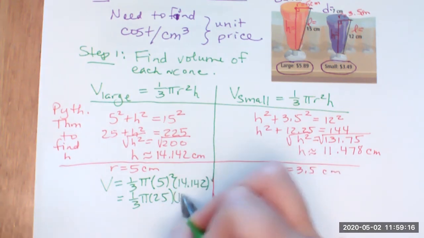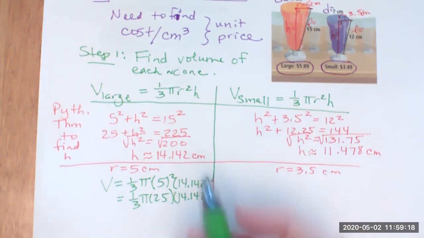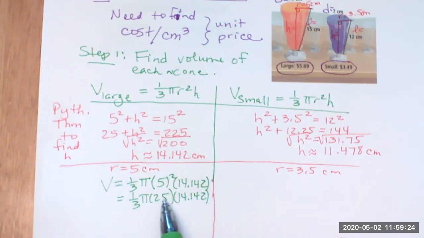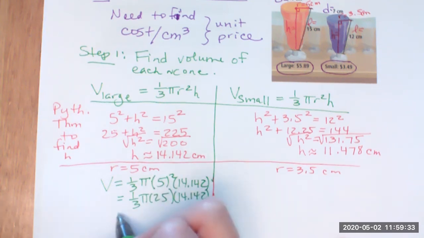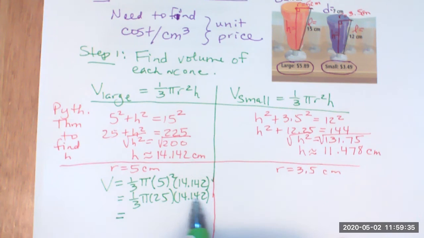In my calculator, probably what I would do is multiply 14.142 times 25 times pi, and then divide by 3, almost working it left to right. Whether I work left to right like the order of operations says or right to left, in this case it doesn't matter because it's all multiplication, all one type of operation.